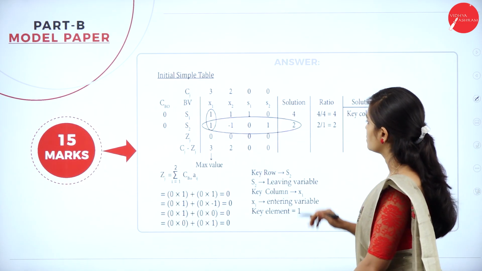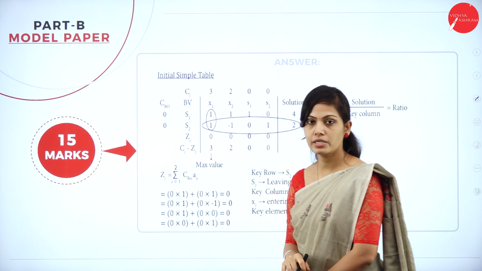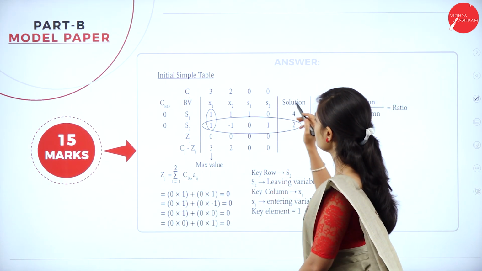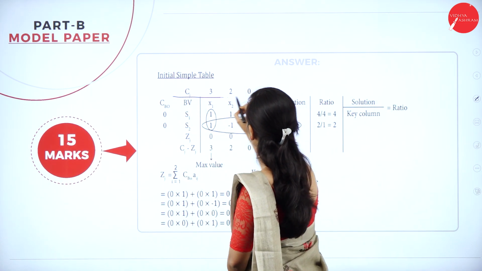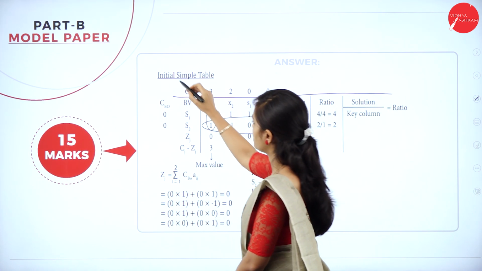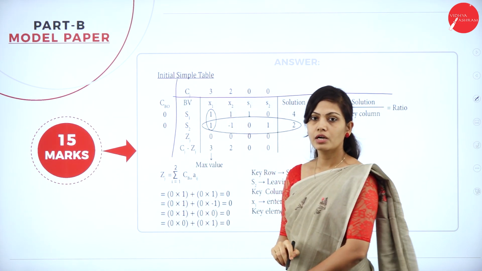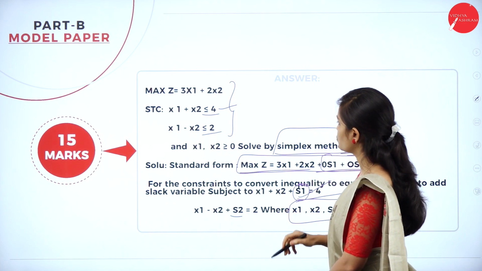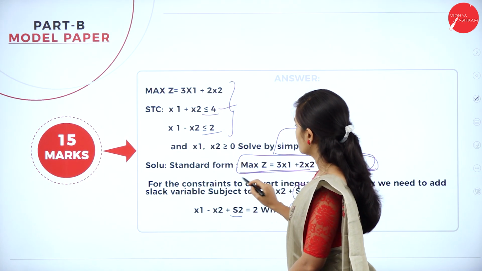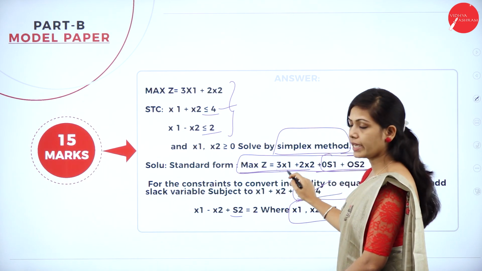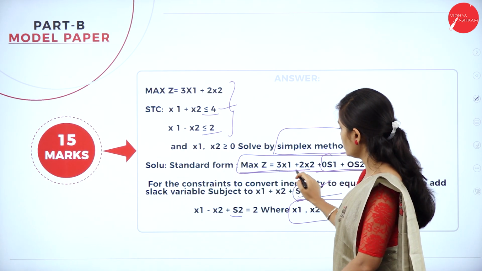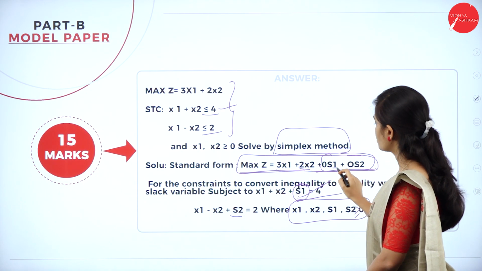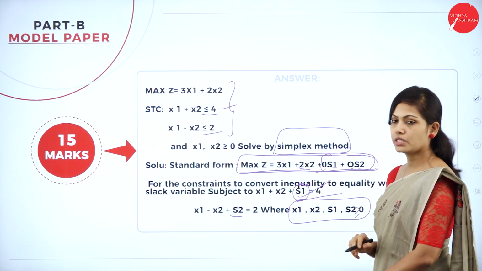Next, we have to write the initial simplex table. This is the first initial table in your simplex method. Cj is the coefficient of the objective function, so write the coefficient of each variable: x1 coefficient is 3, x2 coefficient is 2, s1 coefficient is 0, s2 coefficient is 0.